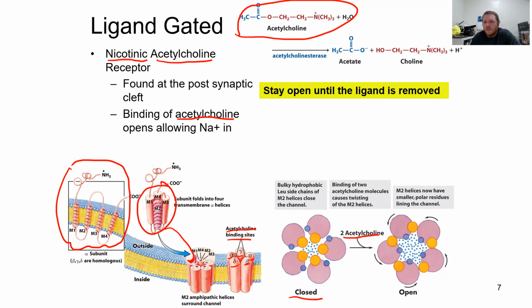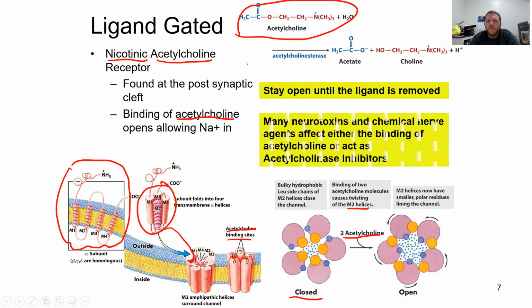When 2 acetylcholine bind to those 2 binding sites, reflected right here and here, this protein undergoes a conformational change, which causes this M2 helix to rotate, which causes these larger, more complex structures to ultimately rotate. And that causes the central cavity to open up, which enables sodium ions to flow through.